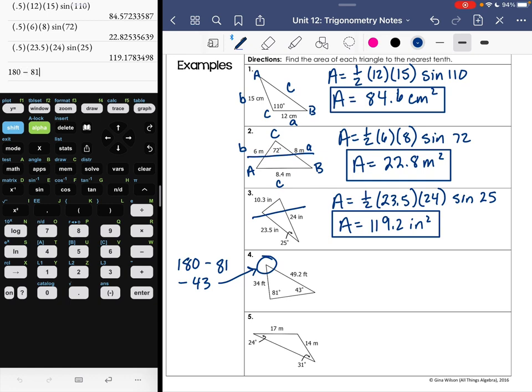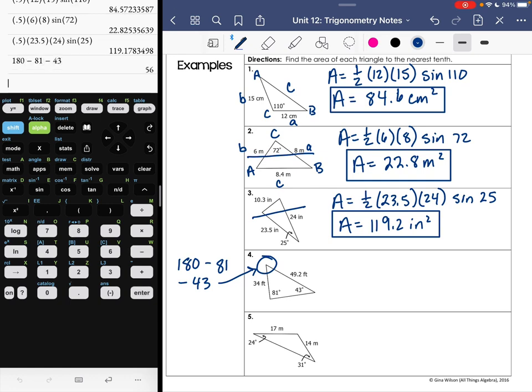That's going to be 56. So we're going to do half of 34 times 49.2 and then the sine of 56. So that's how you have to do one like that where that angle is missing. Thankfully, we had the other two angles so we could find that easily with subtraction.